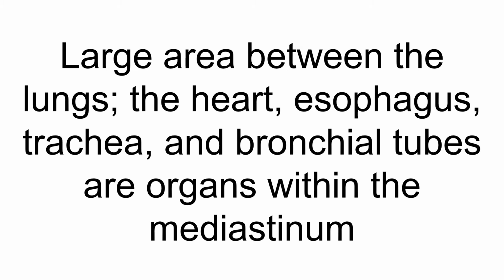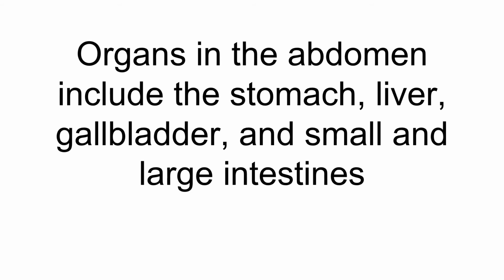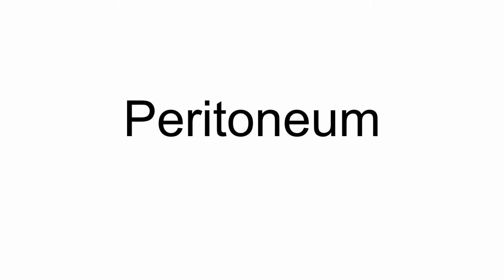Mediastinum is a large area between the lungs, containing the heart, esophagus, trachea, and the bronchial tubes, or organs within the mediastinum. Abdominal cavity. Organs in the abdomen include stomach, liver, gallbladder, and small and large intestines. Peritoneum. Membranes surrounding the organs in the abdomen.